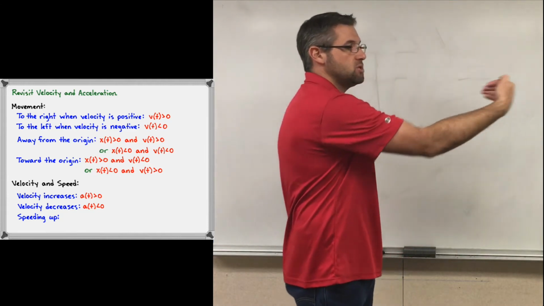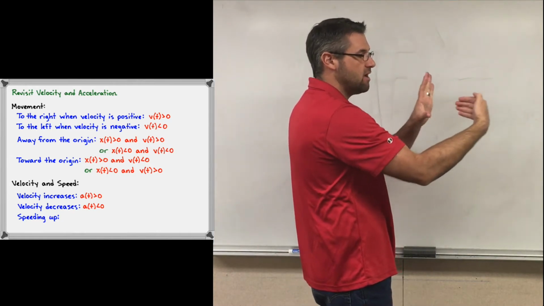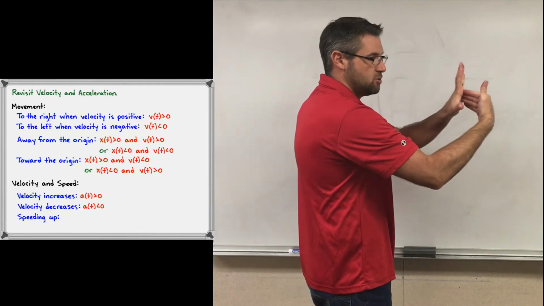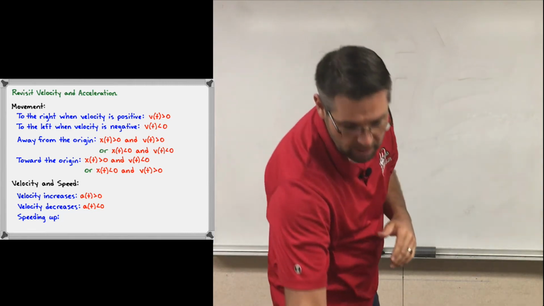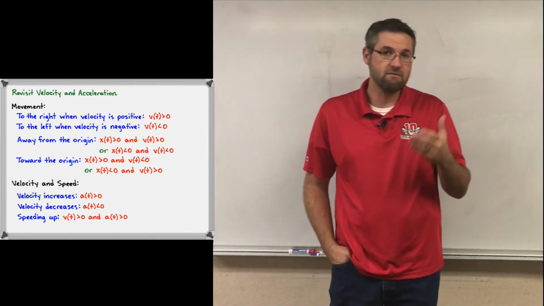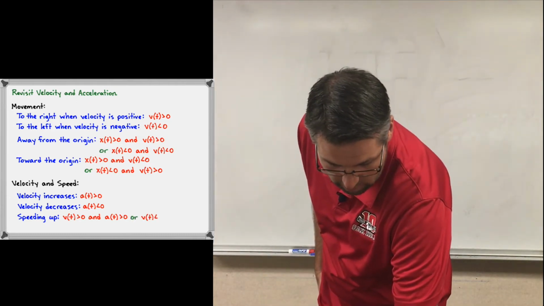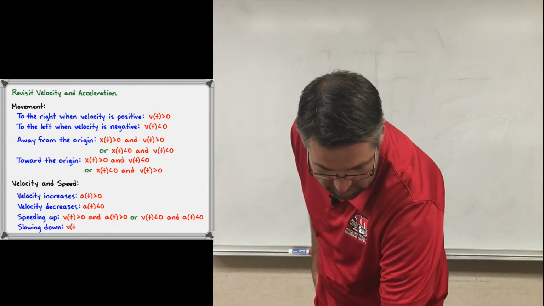Whereas if acceleration was being opposite to me, so if my velocity is positive and my acceleration is negative, then it's pushing against me, and so eventually I'm going to come to a stop, or I'm going to slow down as time goes on. So the bottom line is I'm speeding up if velocity and acceleration have the same signs, and I'm slowing down if velocity and acceleration have opposite signs.